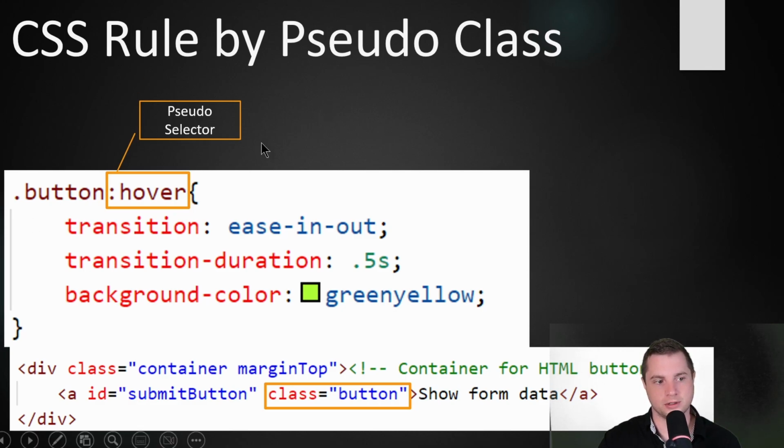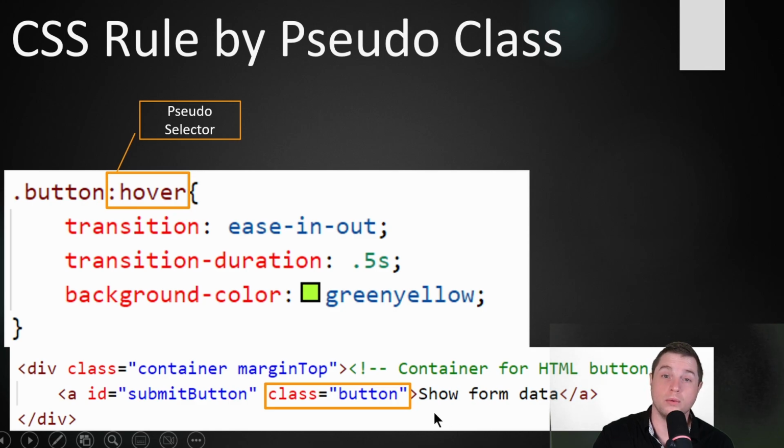So here's a pseudo selector, and probably the most common one. So we have hover. Now for a pseudo selector, you need this colon. And then whatever you're trying to address, and these are all going to be states. So hover in particular is going to be when I take this cursor and then I hover over, this is going to be a button.